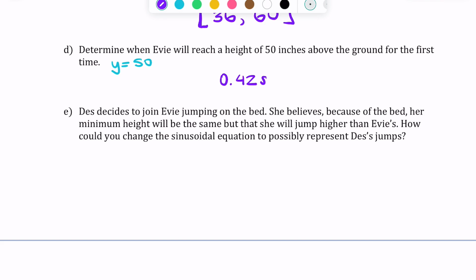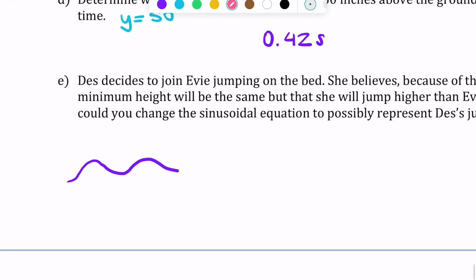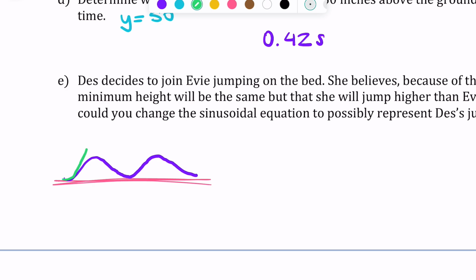So, we know that we have Evie, and she's jumping something like this. Okay, it's not a great diagram, but pretty good. Des is going to have that same min because, again, the bed is there. Let me redraw Evie's. Okay, so Des will probably do something like this because she's jumping higher.